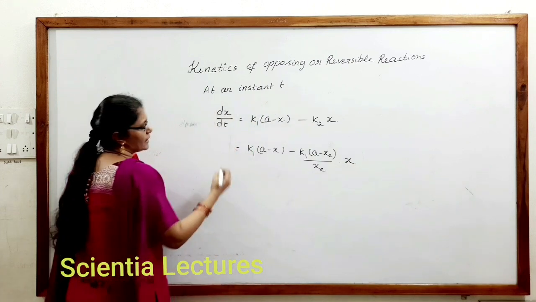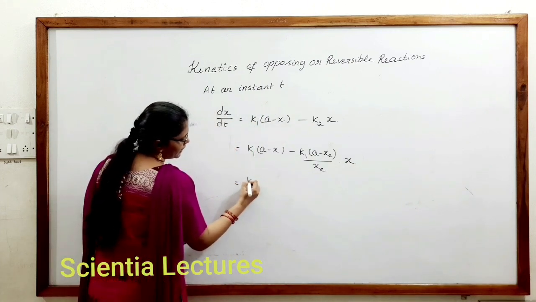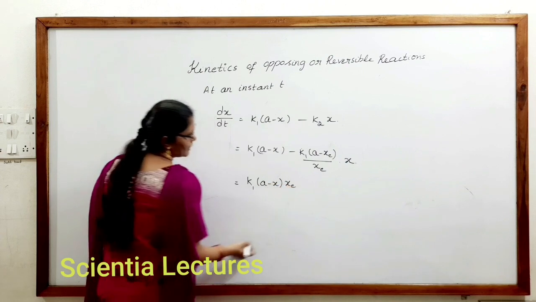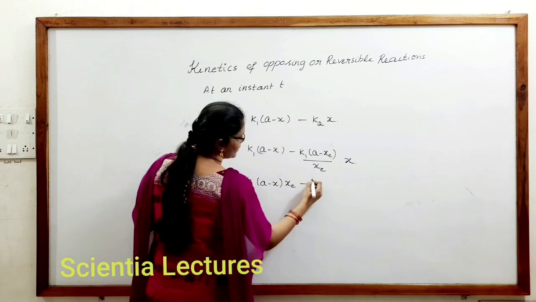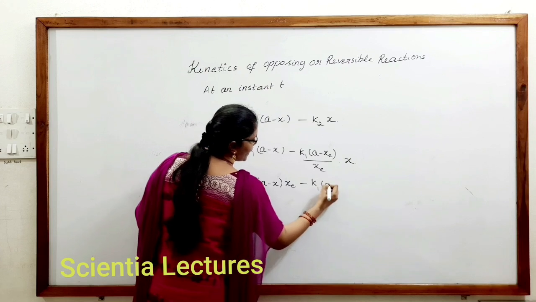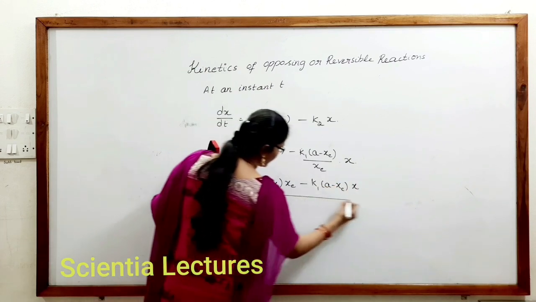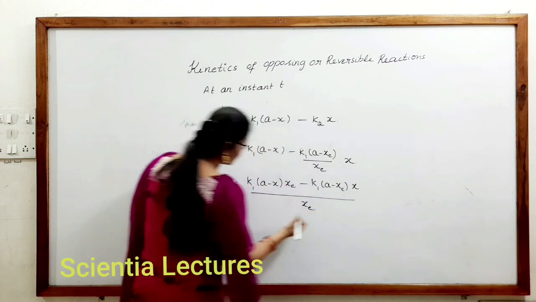Now take the LCM over here. What we will get? K1 into (A minus X) into Xe minus K1 into (A minus Xe) into X, by Xe. If you expand it, what we will get now here?